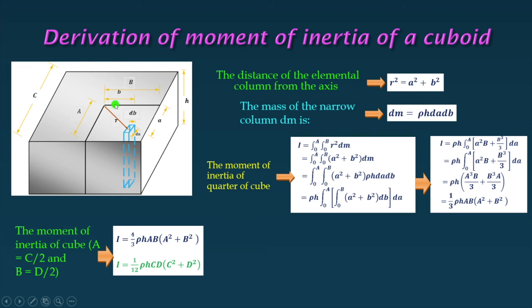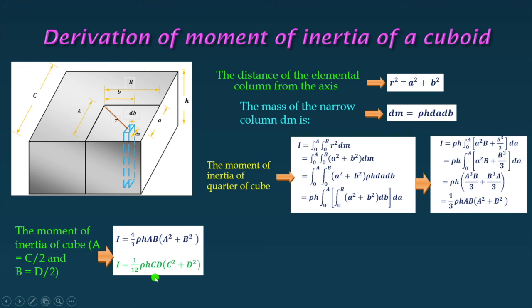Now you just substitute the values here. 4 times this, so 4 by 3, and then substitute A equals C by 2, half of C, and B equals half of this dimension, D by 2.